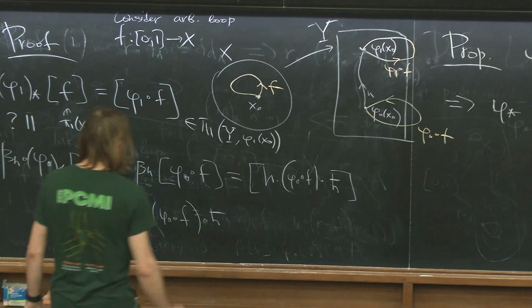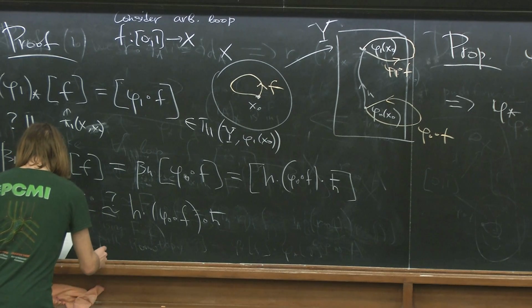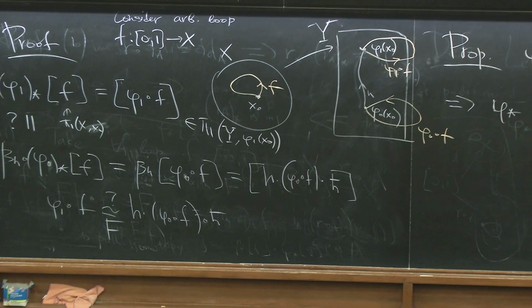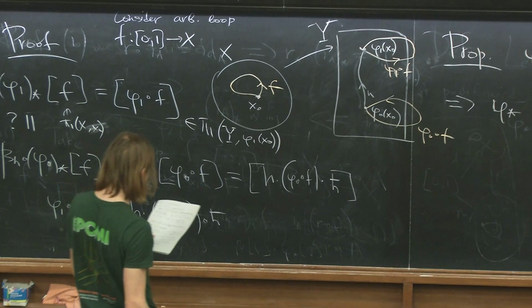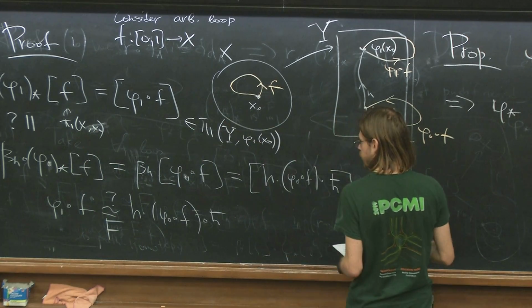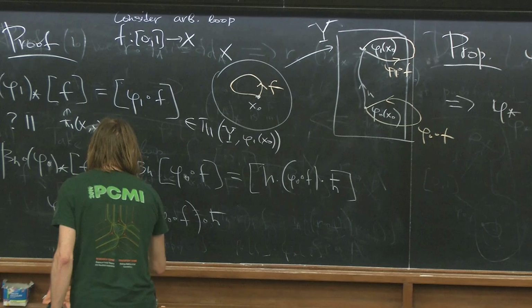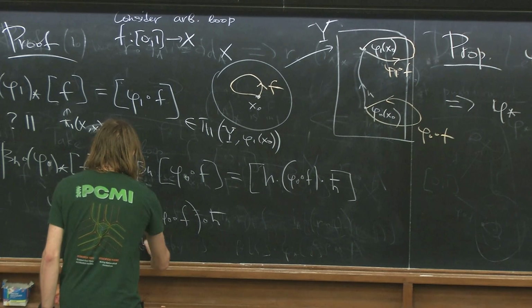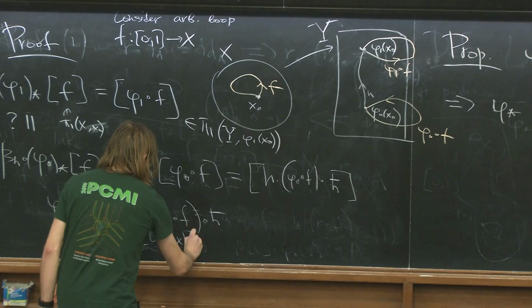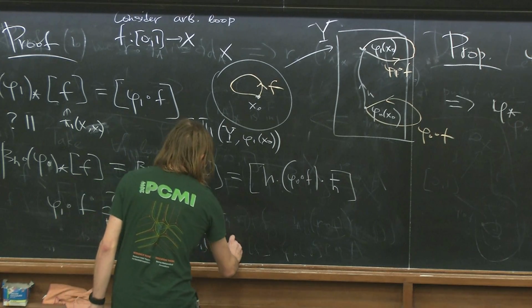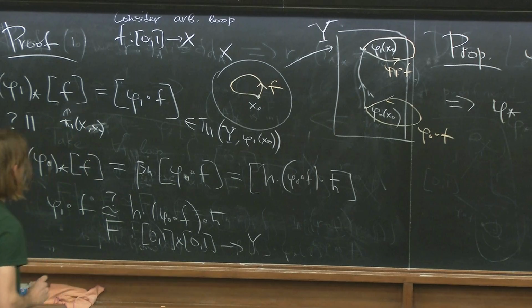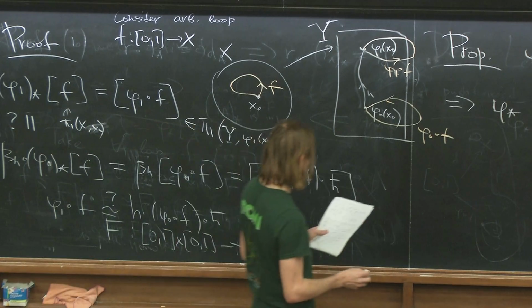And we can do this by presenting an explicit path homotopy capital F. As usual, it's a path homotopy, so it's a map from a product of intervals to Y.